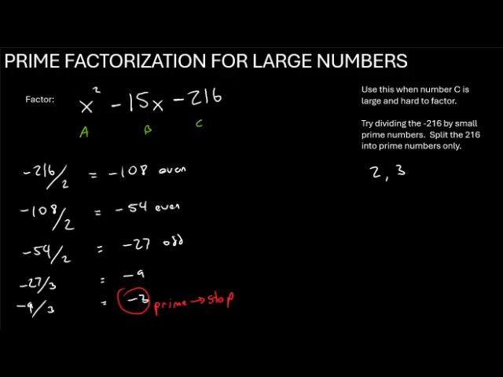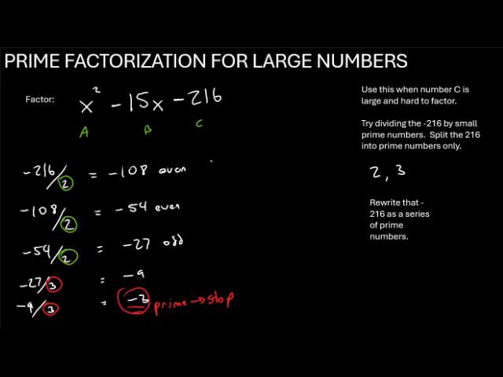What we're going to do now is list that negative 216 as a series of prime numbers. Let's have another look at the numbers we divided by to get here. We divided by 2, and we did it 3 times. So we have 3 2s in a row, and then we divided by 3, and divided by 3 again, and got negative 3 as our final result.